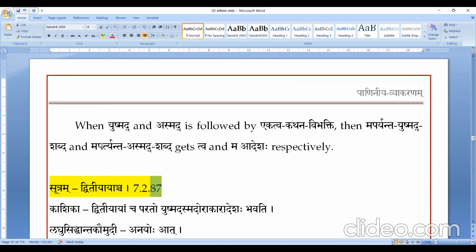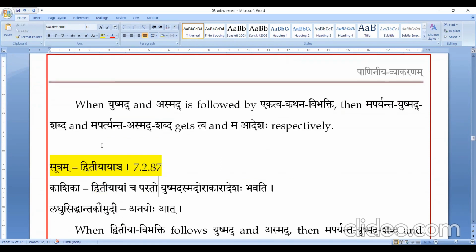We should know that 7.2.86 comes later, we'll see. Dvitiyayam cha parataha yushmadasmadoho akara adesho bhavati. Akara adesha, again here, coming as anuvritti from ashtana vibhaktau.